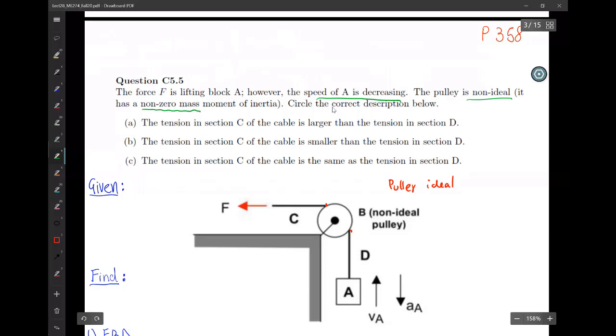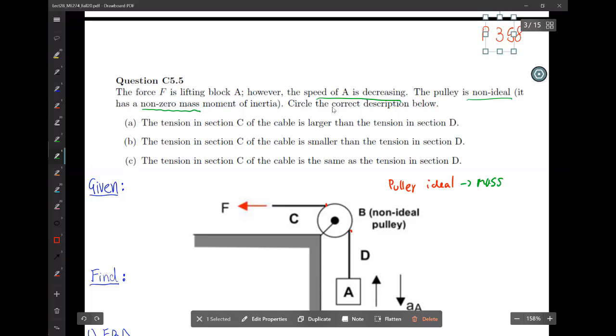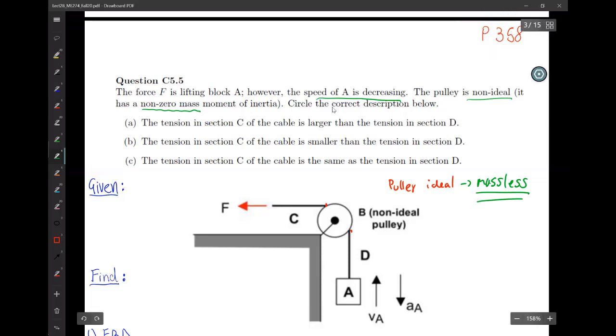And look at this, this is the key. It has mass. Before, ideal pulleys were massless. That was the property that made them ideal. No mass. So let's see what's going on with that.